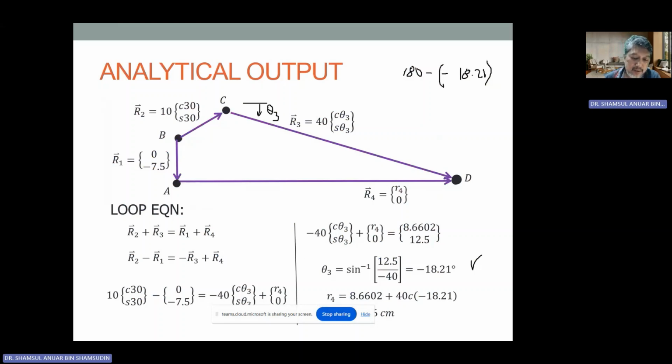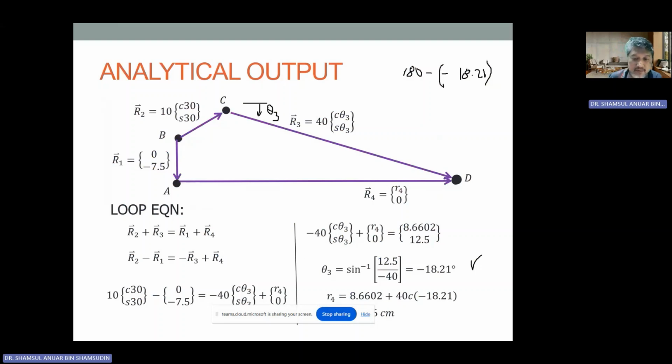In this case, we can solve for theta 3 using the bottom row, and then plug in this information. We get theta 3 to be negative 18.21. And definitely from this sketch, our theta 3 is in this clockwise direction, and this means it is supposed to be negative.